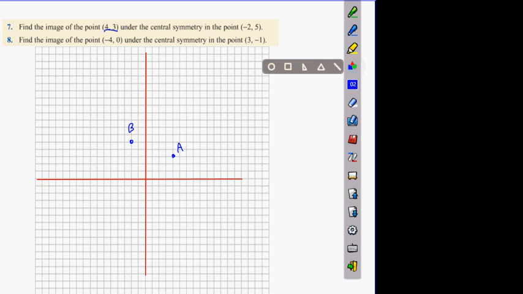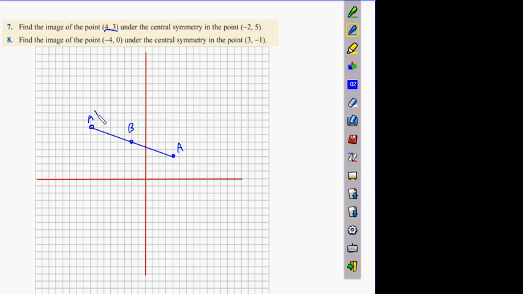How would you go about doing that? How many blocks across? 1, 2, 3, 4, 5, 6. 6 across, 2 up. Go another 6 across, and then go another 2 up. And what you see is your point C is on the other side, or A dash, the image of A, through B. And what do we get?